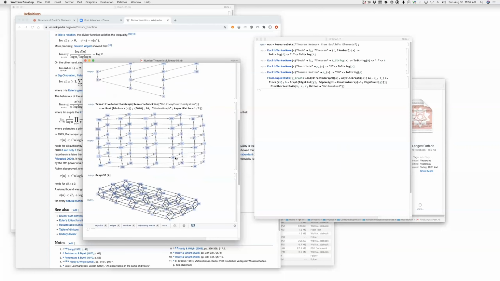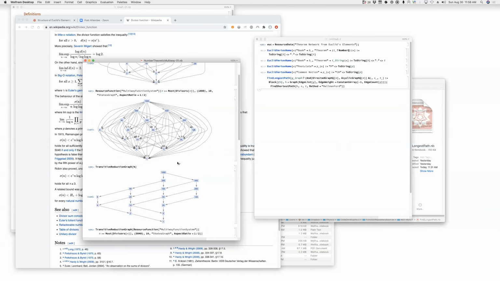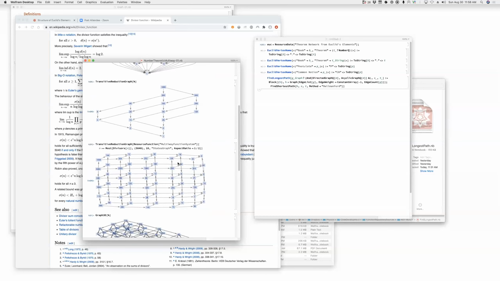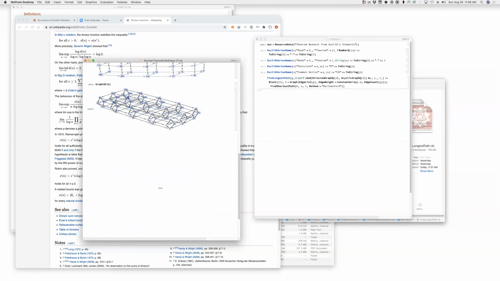Okay, why are these grids? So each one, let me just understand something. If I were to make this transitive reduction thing. By the way, because of the way you've structured the system, you never need to go more than 2 steps.